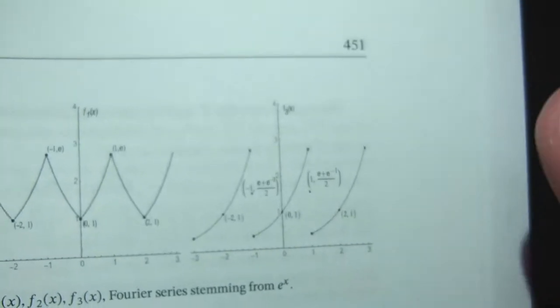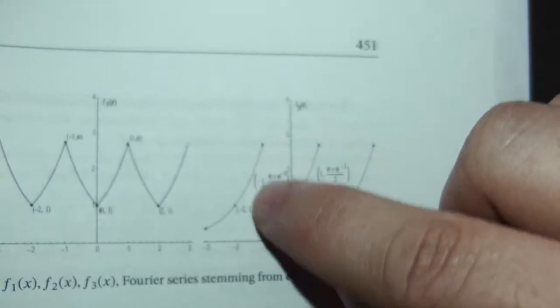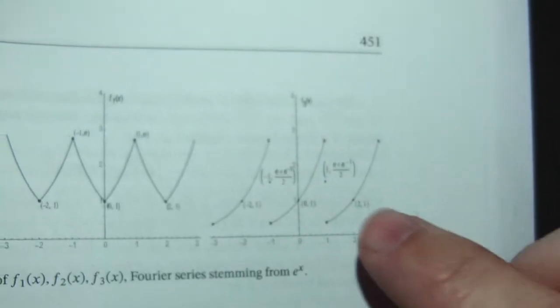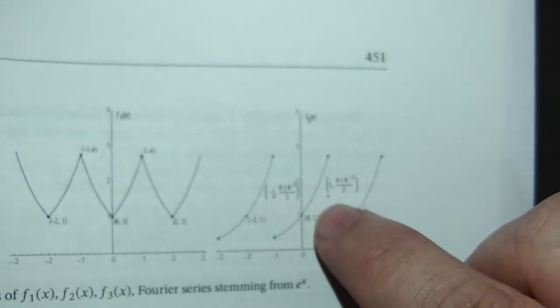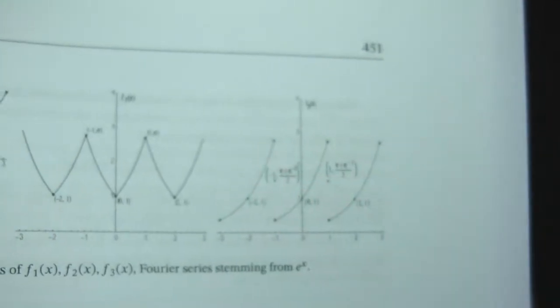Okay. Notice the main difference here is that to make this sensible, what has happened is at this jump discontinuity, the value is the average of the values at either end.